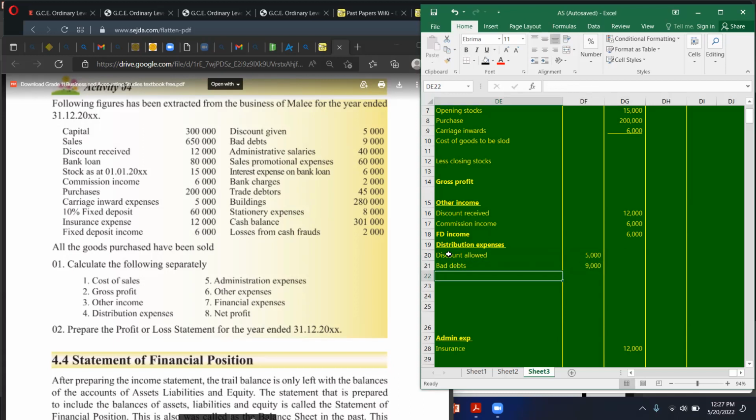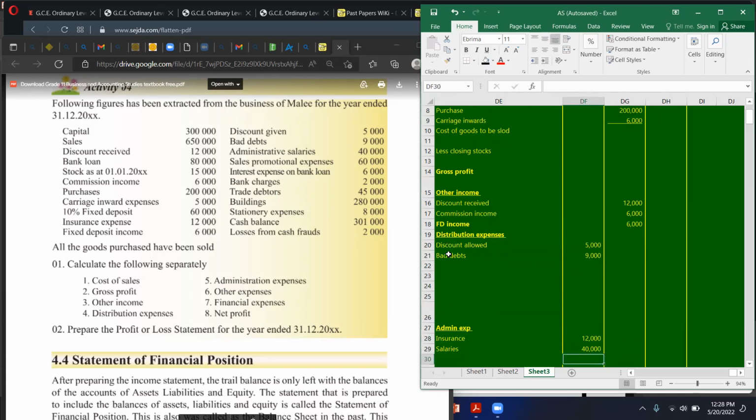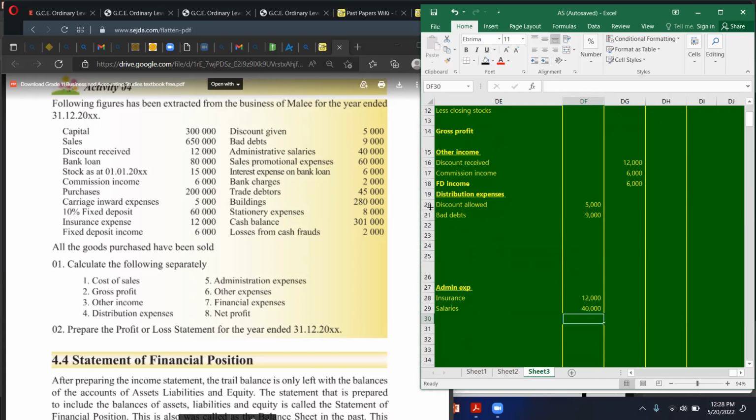Administrative salaries. First column, 40,000. Sales promotion, 60,000.